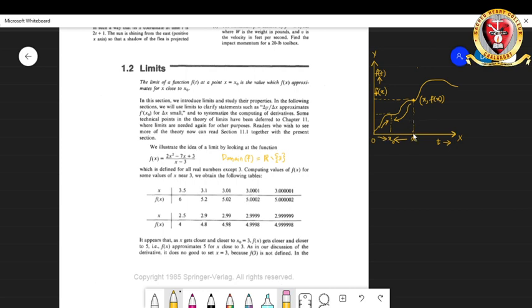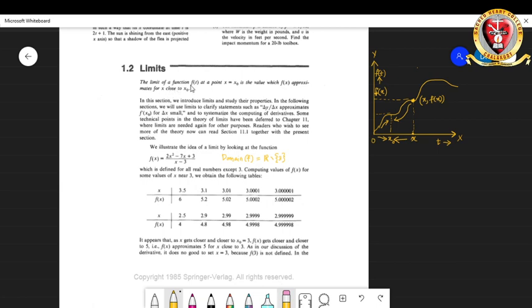For example, suppose you have an x here, the point x on the x-axis, then the corresponding functional image will be f of x, and you denote the point here on the function as the ordered pair x comma f of x, right?